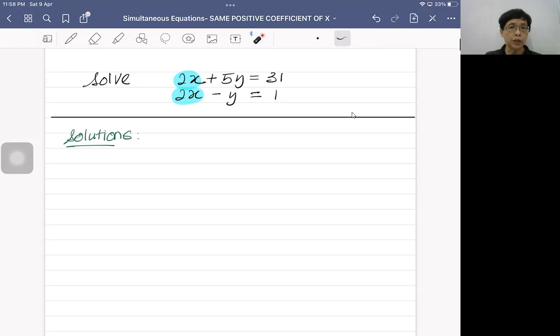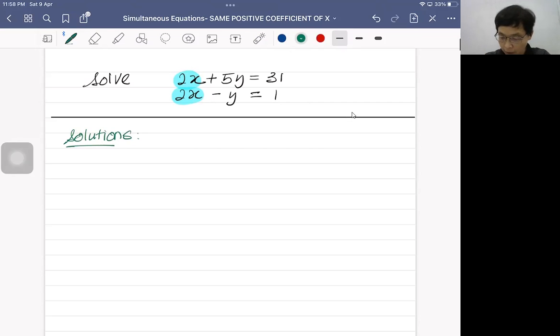It is so convenient that both equations share the same positive 2 for x. That gives you the basic idea that you will eliminate the x term by subtracting them. Positive 2 minus positive 2, gone they are. So now, let's start solving.